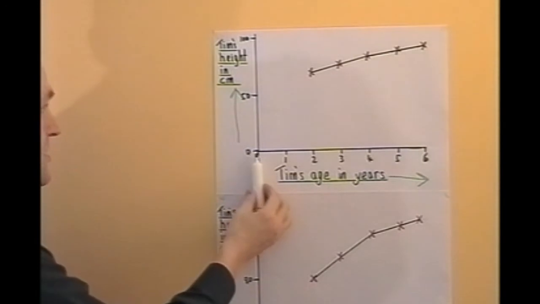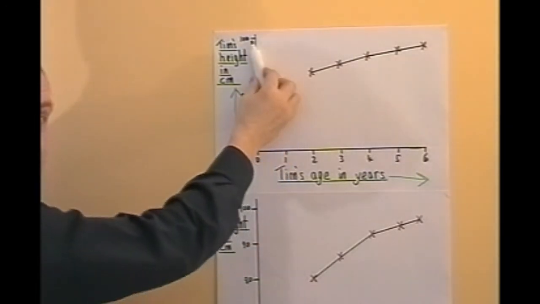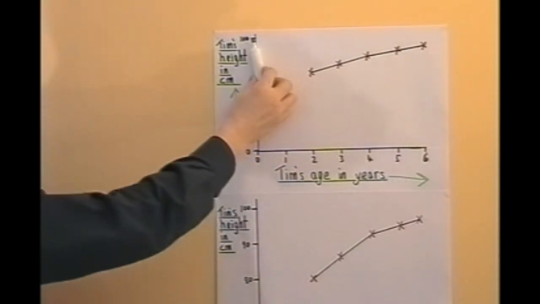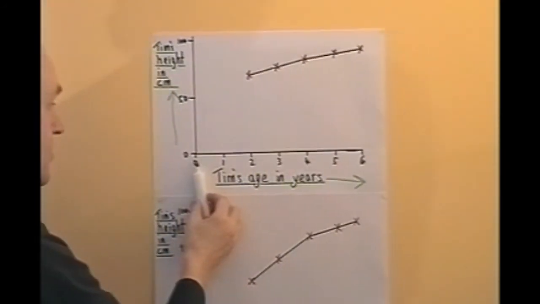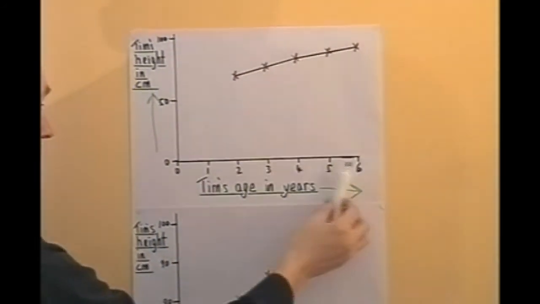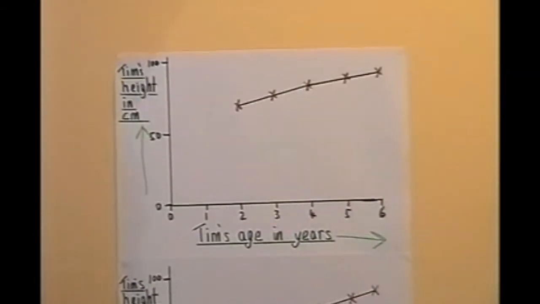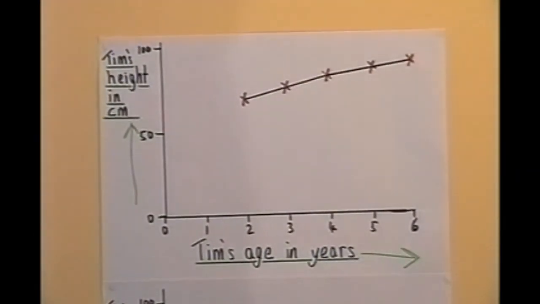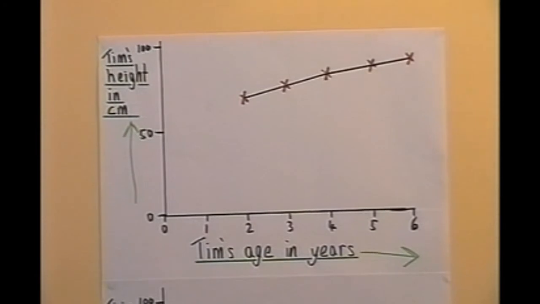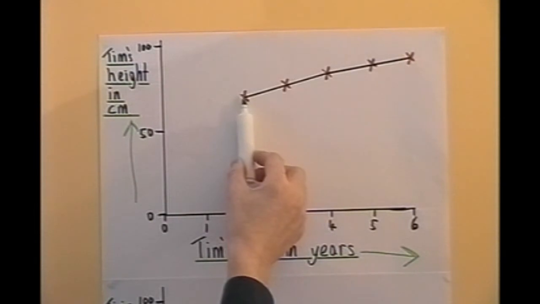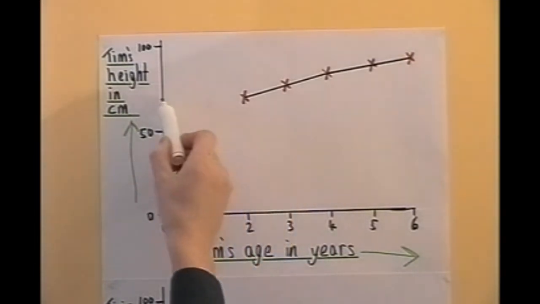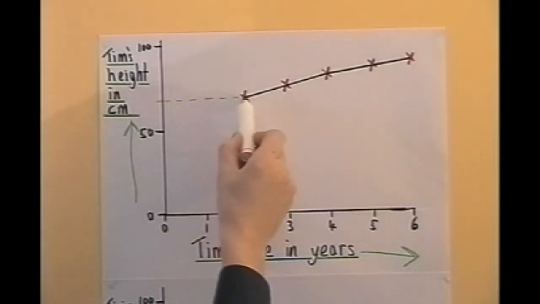So Tim's height, 0, 50, 100 centimetres. Tim's age in years, 0, 1, 2, 3, 4, 5, 6 years. And here we have data plots taken every year. So when Tim was just over 2, he was about that height there, 60 or so centimetres.